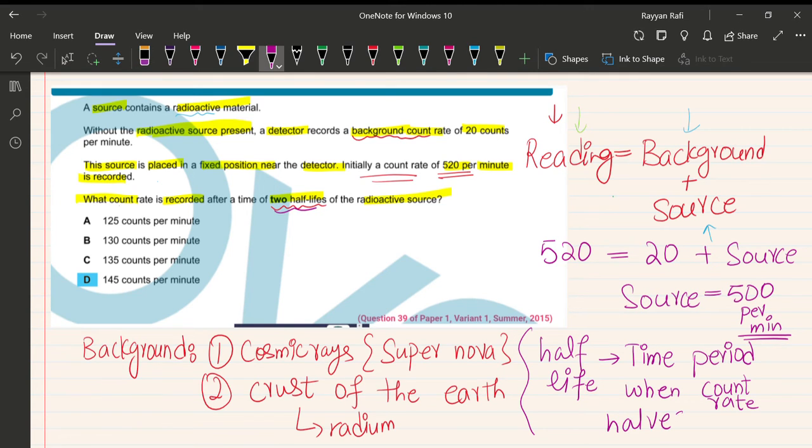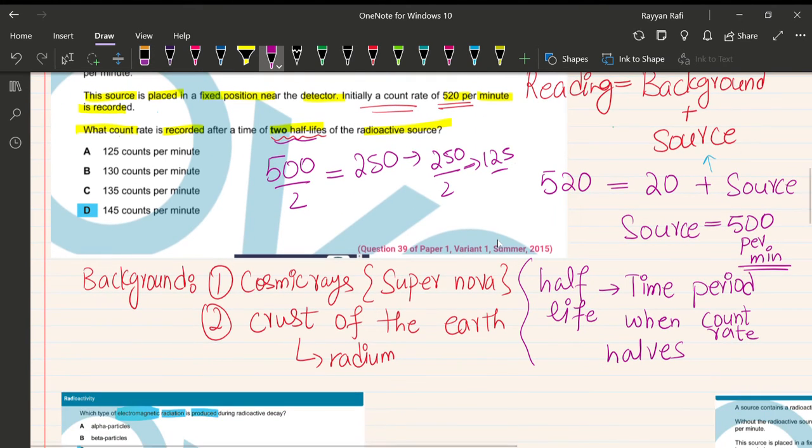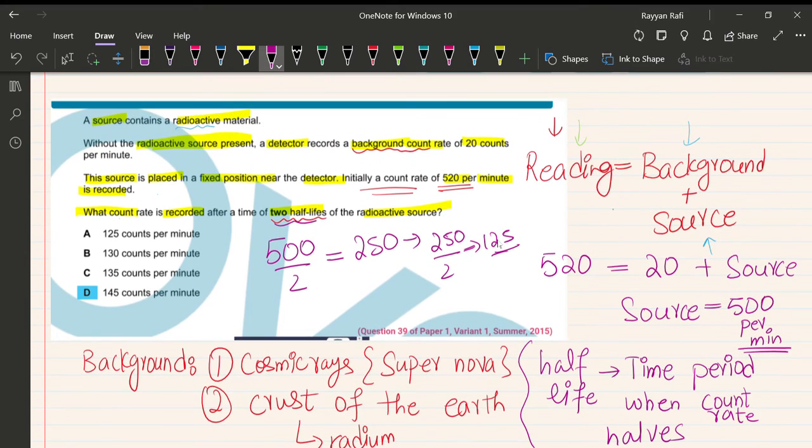It means that the count rate is divided by 2, and this time period is fixed. Now, for the first half-life, 500 upon 2 is equal to 250. Now, 250 upon 2 is equal to 125. Now, after 2 half-lives, the count rate will be 125 counts.